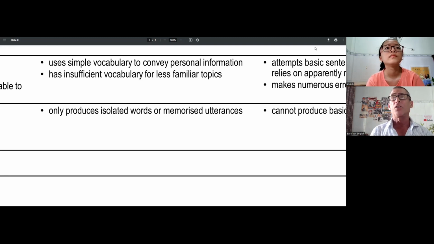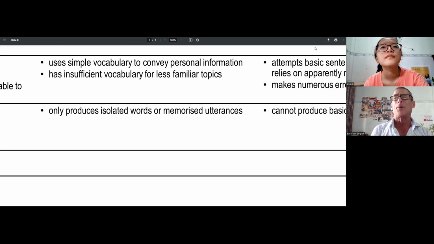Memorized utterances are the people that have learned these answers in advance and just spit them out. Yeah, the most common. So they try to study some words in advance and then they try to talk them out. Yeah, or worse, they actually try to memorize a complete answer and give it as if it was their answer.